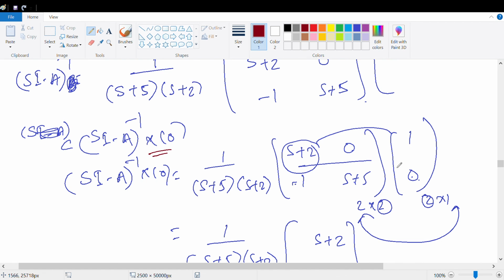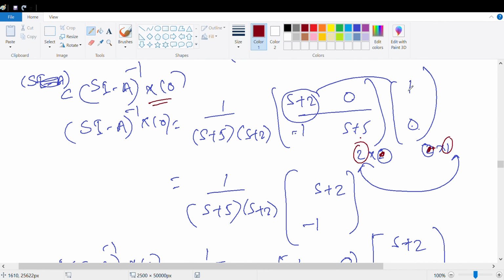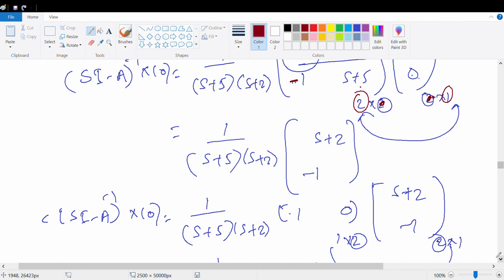If you multiply by x of 0, which is 1 0, the matrix is 2 by 2 and x of 0 is 2 by 1, so these two match and we are left with 2 by 1. Multiply: s plus 2 times 1 plus 0, so s plus 2; and 1 times 1 plus (s plus 5) into 0, which is 1, minus 1 here. So this is (sI minus A) whole inverse into x of 0.